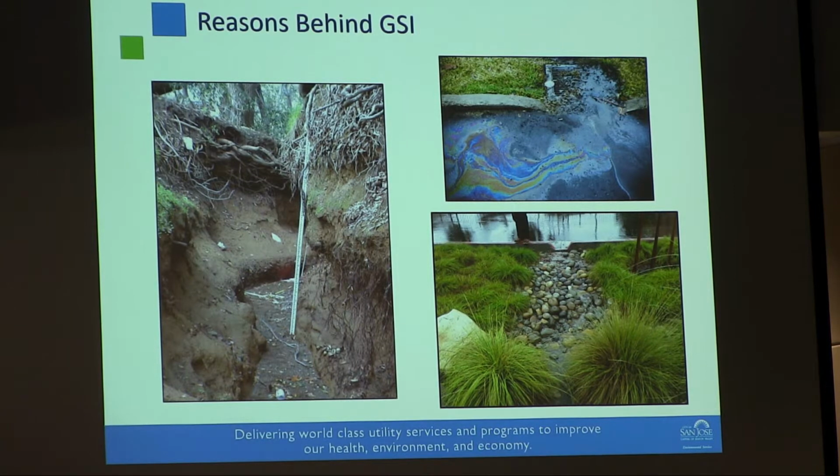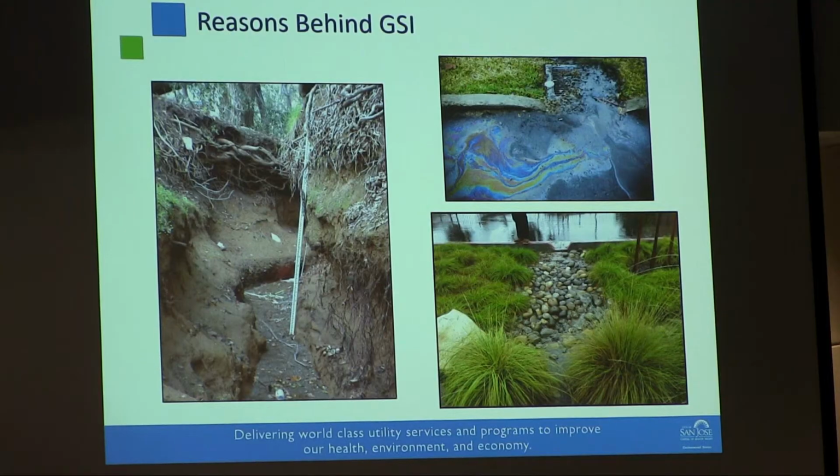GSI is designed to slow down and reduce the amount of runoff going into our local waterways, and it also removes a lot of common pollutants that Sarah alluded to, such as hydrocarbons, litter, trash, sediment, heavy metals, stuff like that. And a properly functioning GSI installation is really integrated into the natural environment in our community and provides many of the benefits that I've talked about.